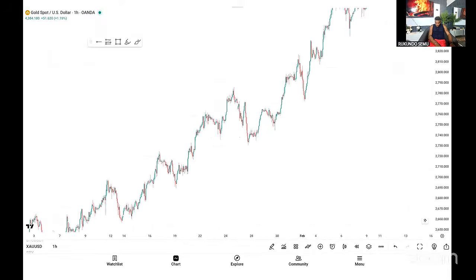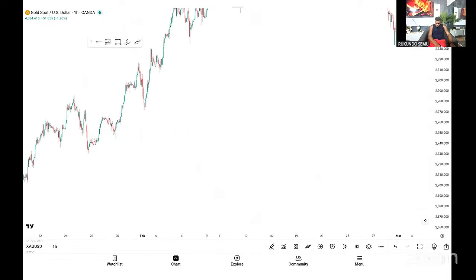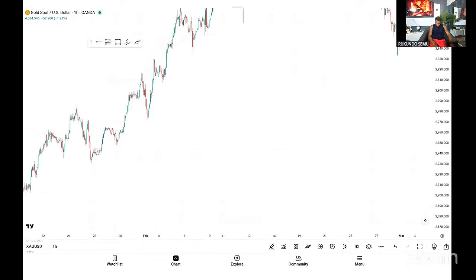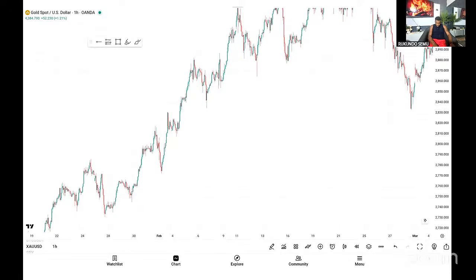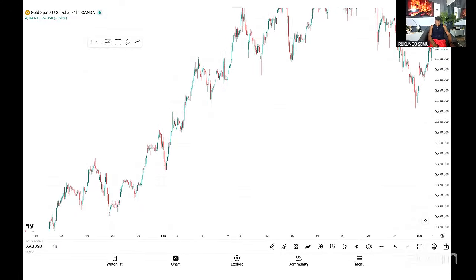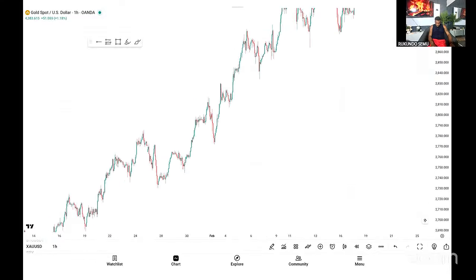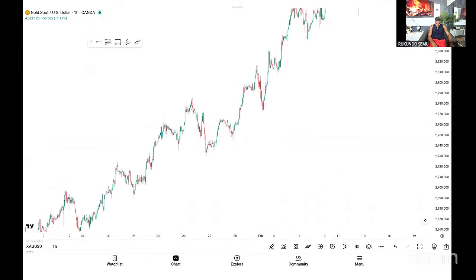I think we made a backtest. I'm trying to look for a downtrend. We backtest using the downtrend, but gold has been trending for a long period of time.